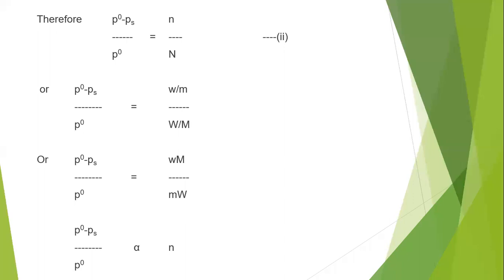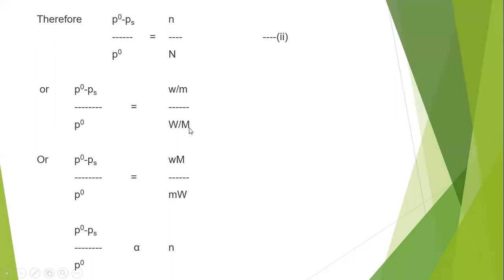So (P0 minus Ps) by P0 equals small w by small m, that is small n, the number of moles of the solute, by capital N, the number of moles of the solvent.